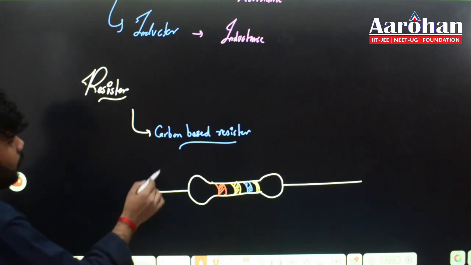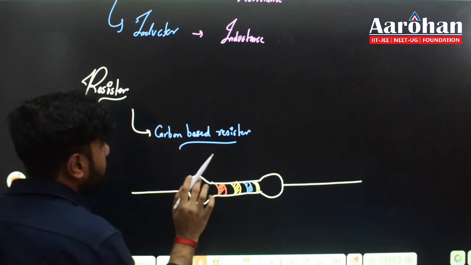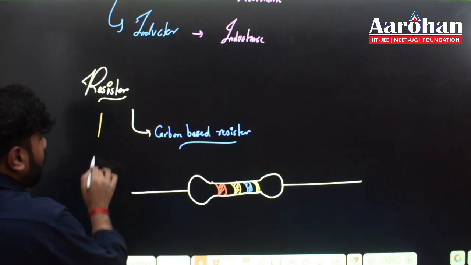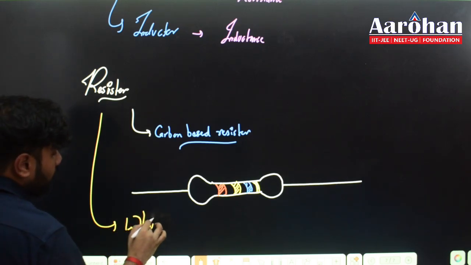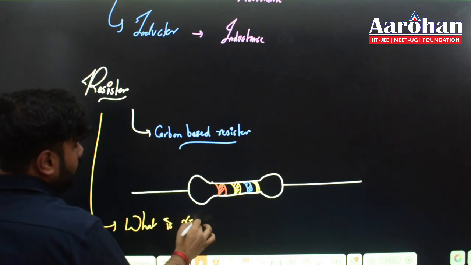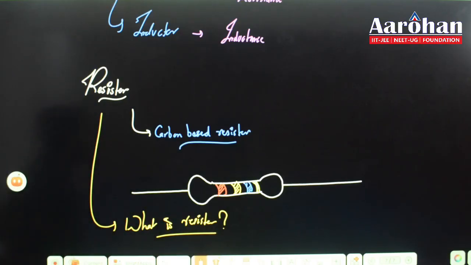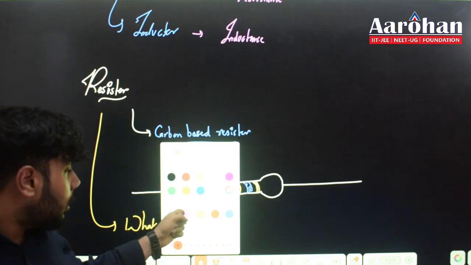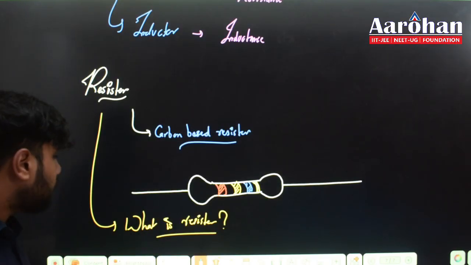So the first type of resistor we have discussed is the carbon based resistor, just like I have shown. And what is the purpose of a resistor? I don't think I need to elaborate that more, because the name itself is telling you a resistor is something which resists. Which resists what? The flow of current. That is your resistor, and the character it will have is called resistance.